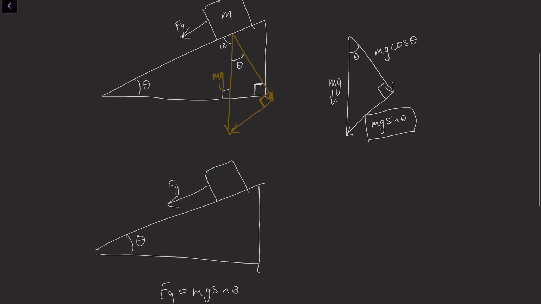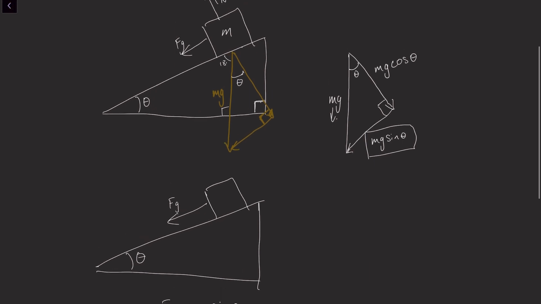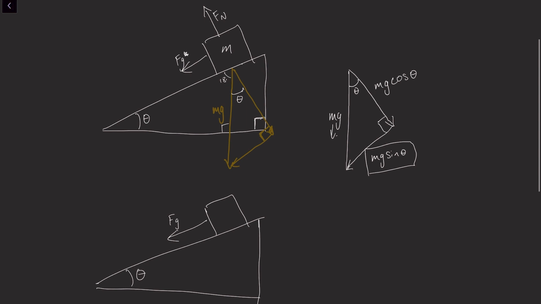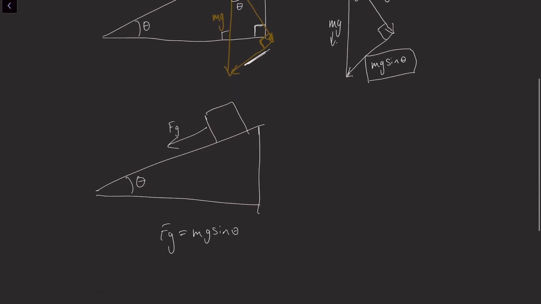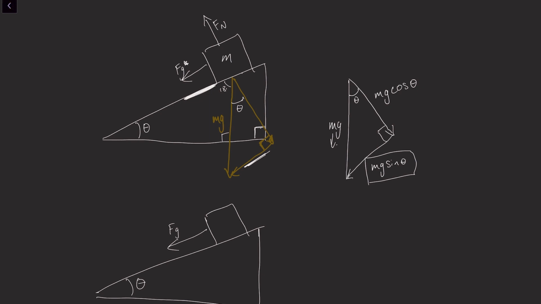How do we know that? Because this force is moving completely parallel to the force that we've drawn in this diagram here. So we know that this line here is parallel to the slope, so therefore these two forces must be equal, because this block only feels two forces, force due to gravity and normal force.